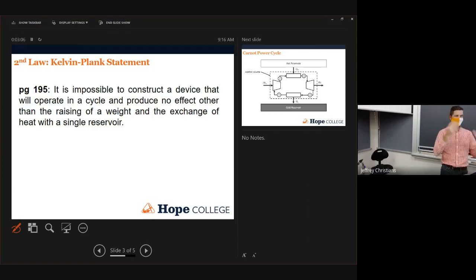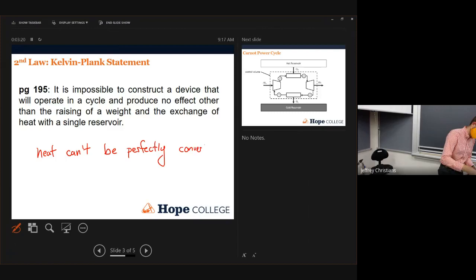A better way to say this, or what I think is a better way to say this, is heat can't be perfectly converted to mechanical energy.